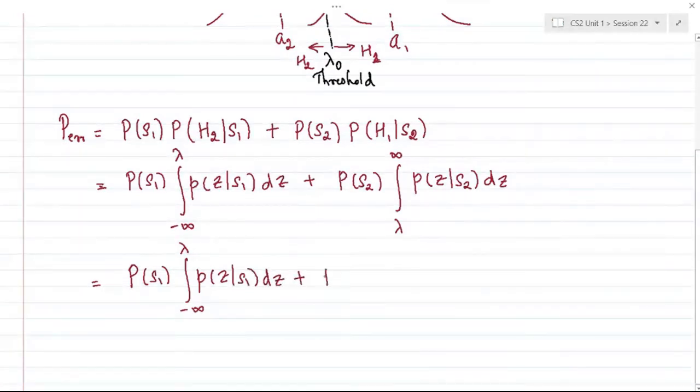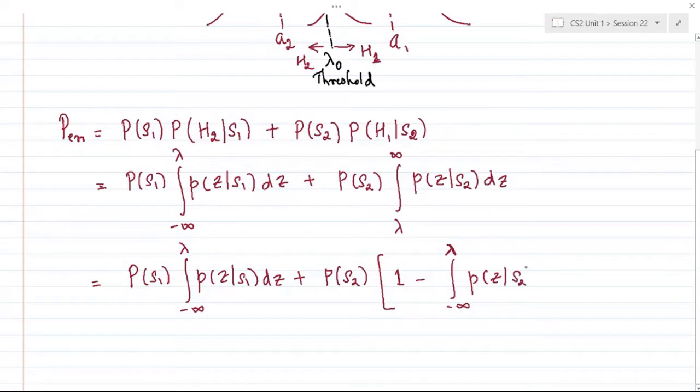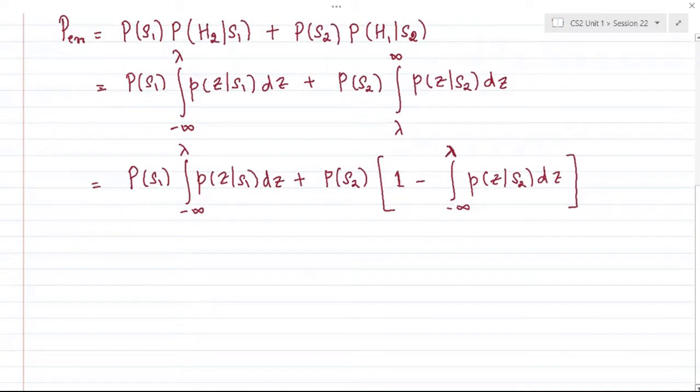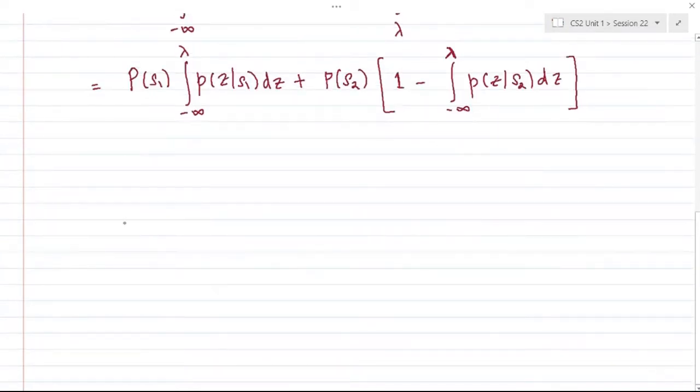For the second expression, we understand that it is 1 minus the integral from minus infinity to lambda. So this integral seems to be identical to the other, and hence that is the only intention with which this is rewritten in this fashion. All right, so this is my probability of error.